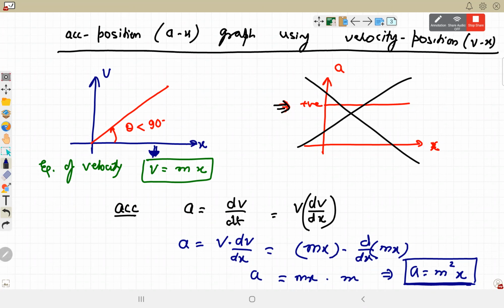We did a class on graphs: the standard graphs of straight line, parabola, ellipse, hyperbola, rectangular hyperbola. What is this?